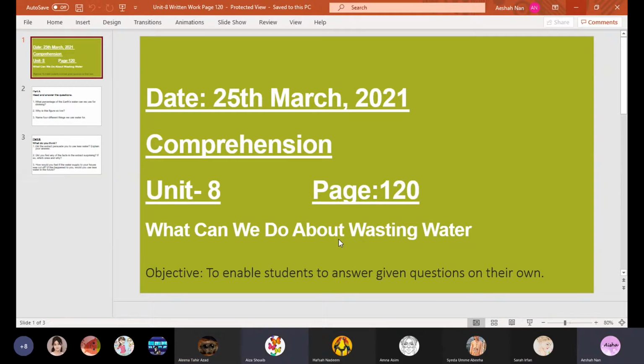Wow. 140 liters of water a day a person consumes. So that's too much, right? Have you thought about it? We thought it wouldn't be that much, right? We thought it would be less. So isn't it surprising that each person consumes 140 liters?